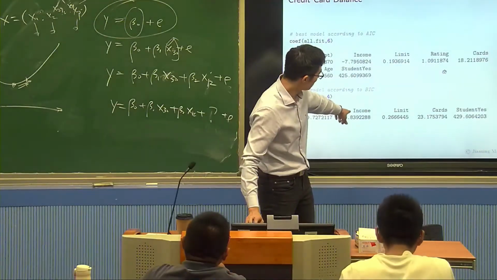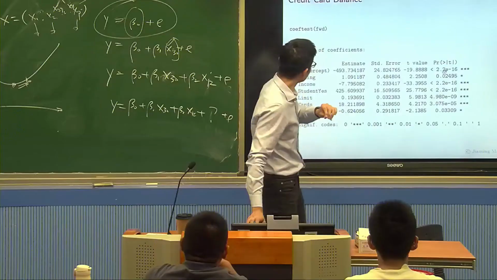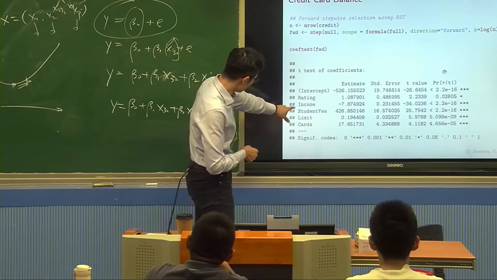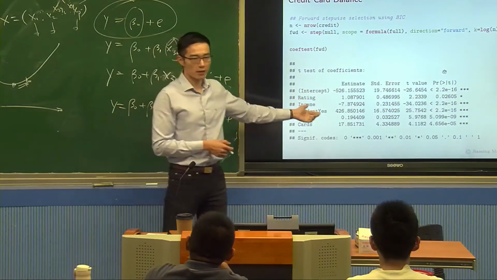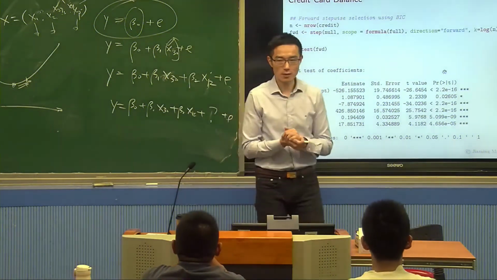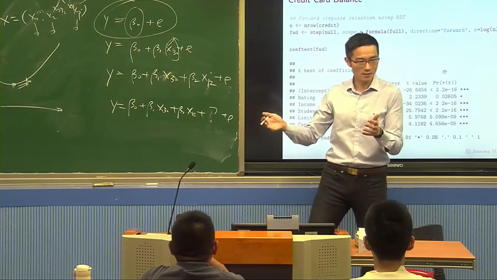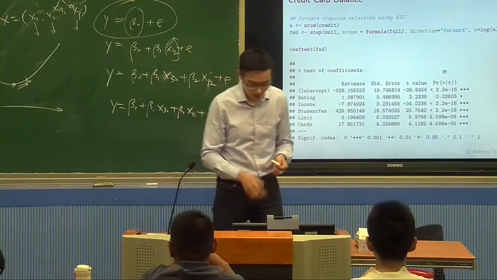Income, limit, cards, student. Income, rating. Income, limit, cards, right? So rating becomes one more variable that forward stepwise picked. So in this case, forward stepwise does not give us the best using the BIC criterion among all available combinations.